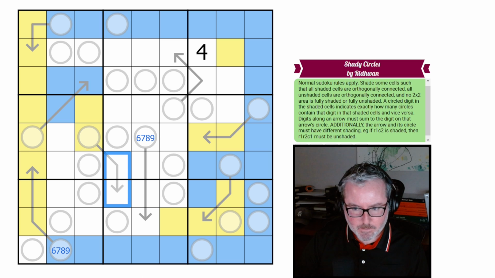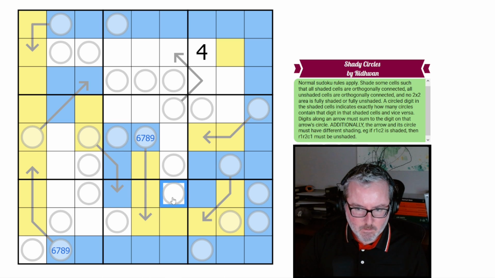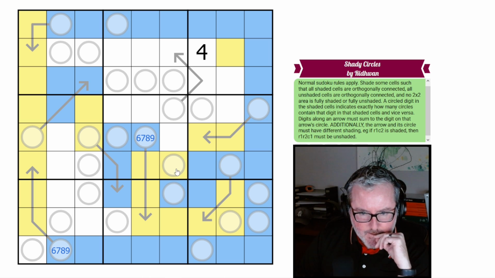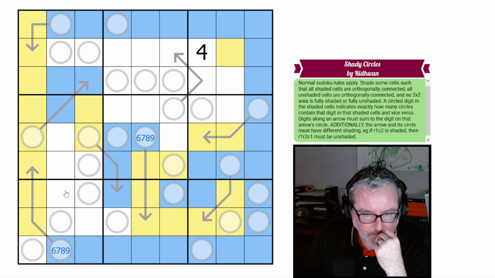What if it was the opposite? We're looking at something like this. That can get out that way or this way. It would have to go out this way.